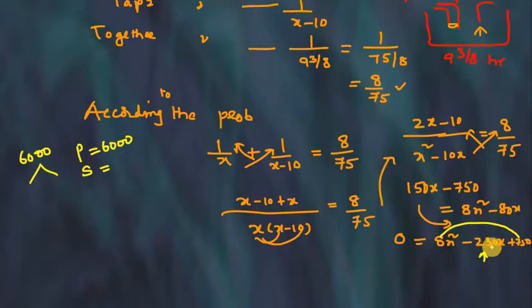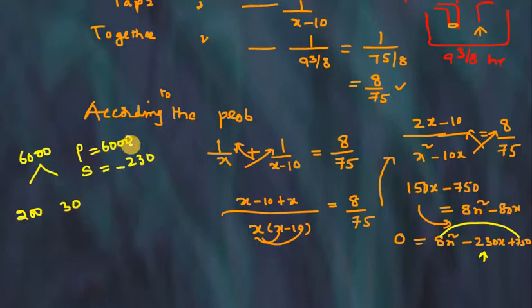So the middle term, that is x coefficient, that is how much? Minus 230. So try for all the factors, but ultimately you will get only one pair.